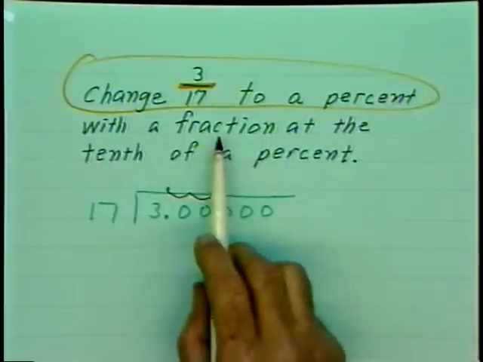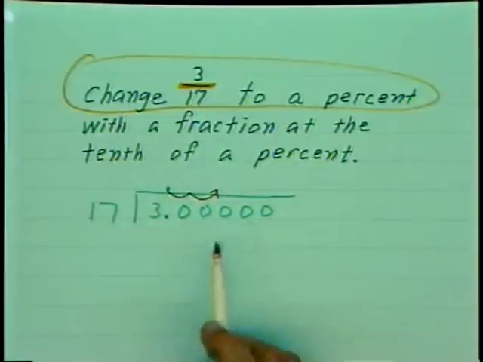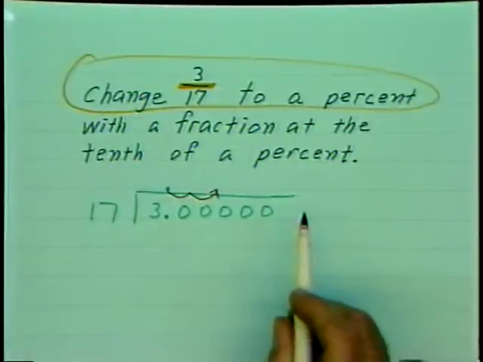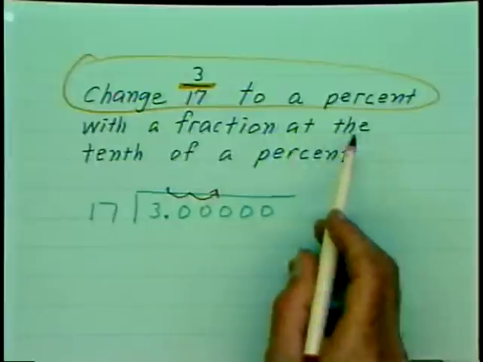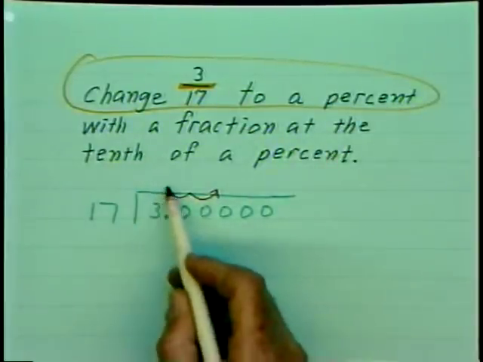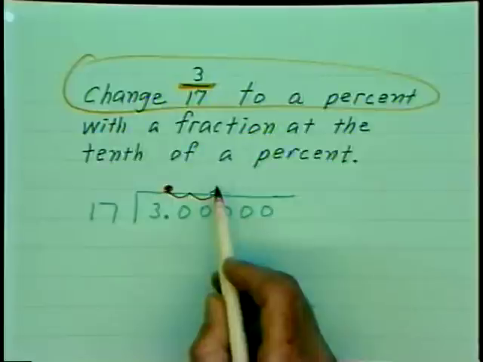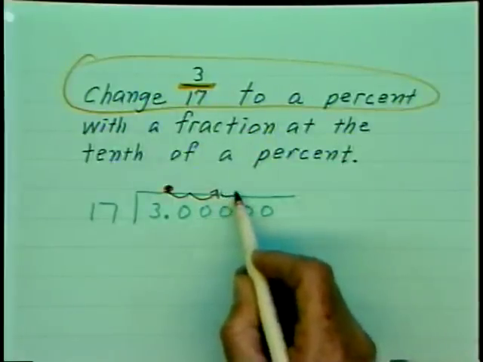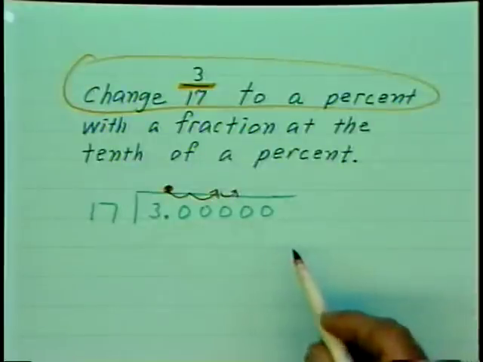But this says I want a fraction, which means at some point I'm going to take my remainder and write it over my divisor, but the question is where? It says at the tenth of a percent. So if my decimal point is going to move from here to get to the percent, then one more place will give me the tenth of a percent.